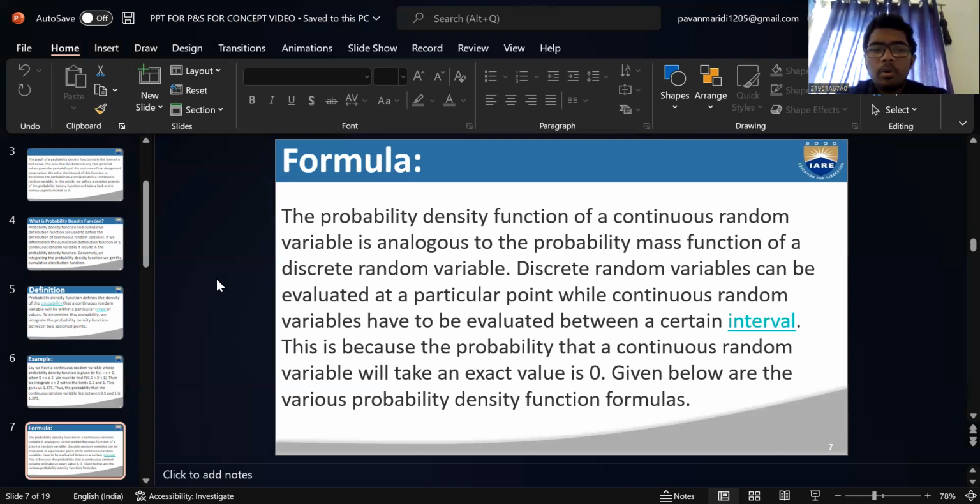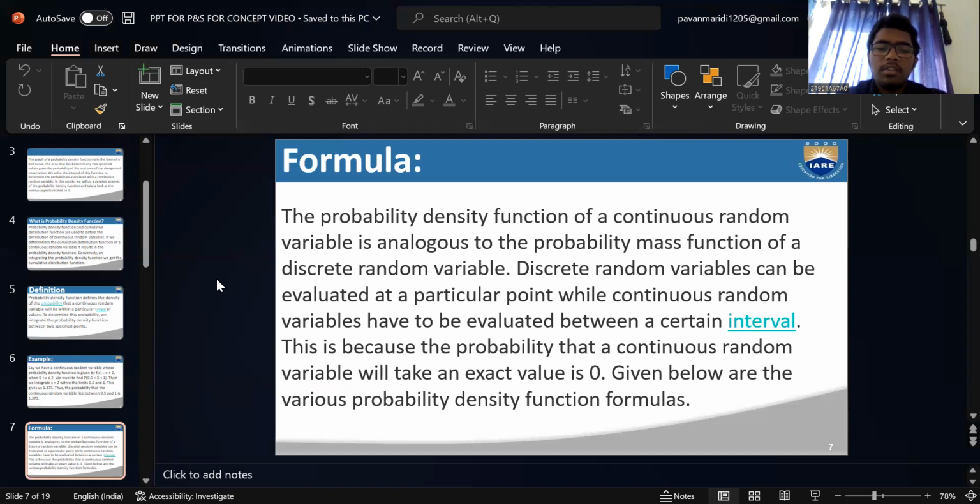Formula. The probability density function of a continuous random variable is analogous to the probability mass function of a discrete random variable. Discrete random variables can be evaluated at a particular point, while continuous random variables have to be evaluated between a certain interval.